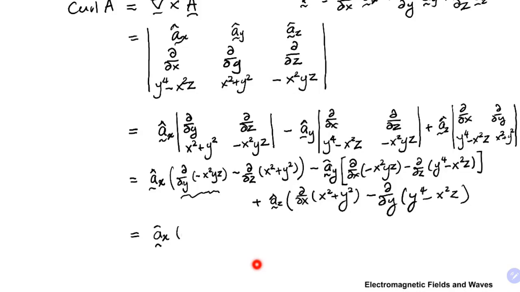So you get minus x squared z. And then this one, with respect to z, there's no z there. So what does that derivative become? 0, correct. And this one will be minus 2xyz.